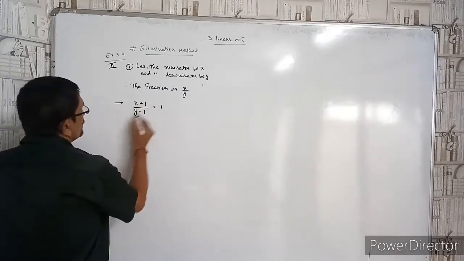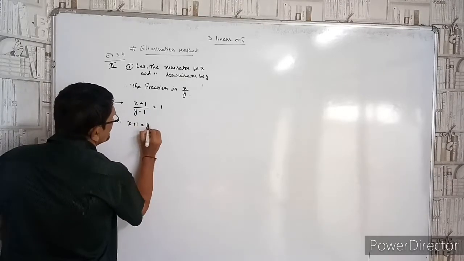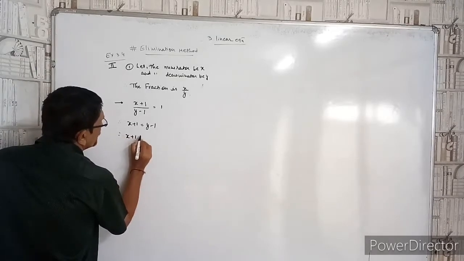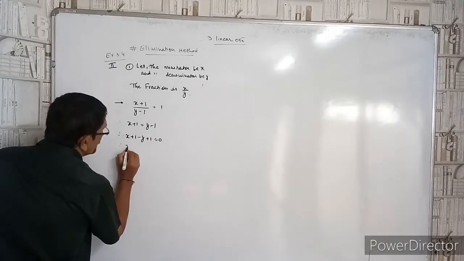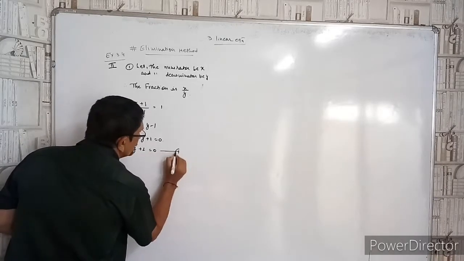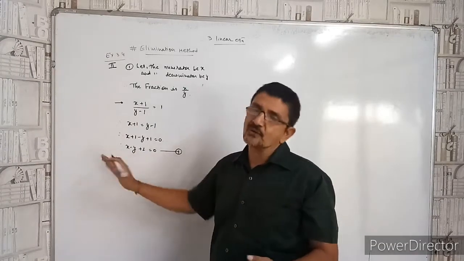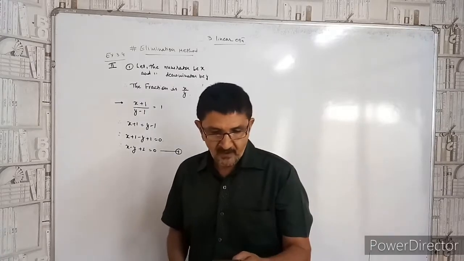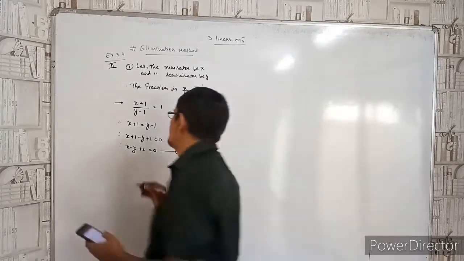Now just cross multiply this. So it is x plus 1 is equal to 1 multiplied with y minus 1. So y shifted over here, x plus 1 minus y plus 1 is equal to 0. So therefore x minus y plus 2 is equal to 0. This is the first equation in which the constant is also on the same side. It is not problematic. Now second, it becomes 1 upon 2 if we add only 1 to denominator.